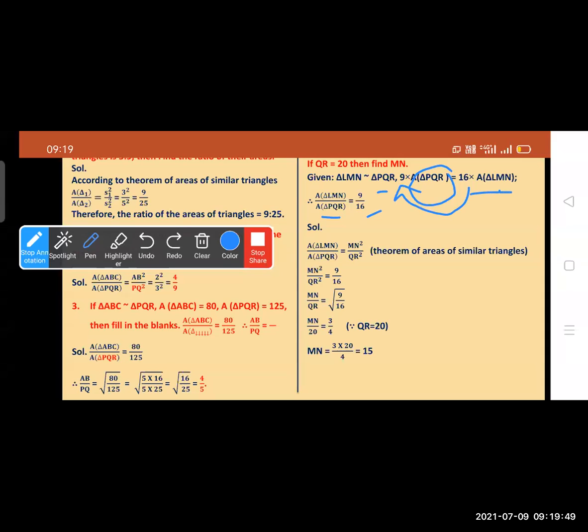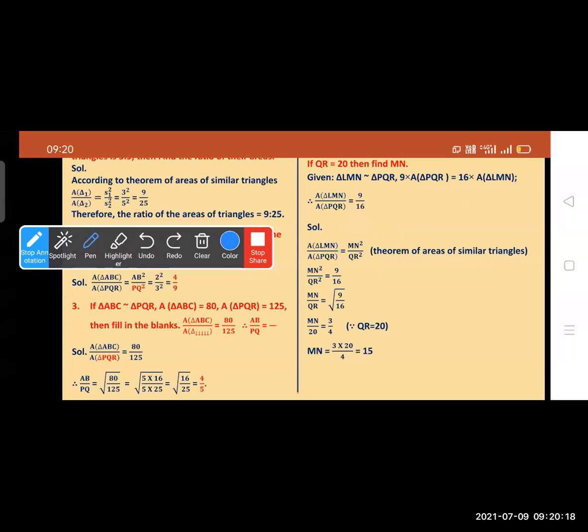Then the solution. By applying the theorem of area of two similar triangles, the ratio of the areas of two similar triangles is equal to the ratio of the squares of their corresponding sides. So here we take the corresponding sides, MN square by PQ square. No, sorry, QR square.